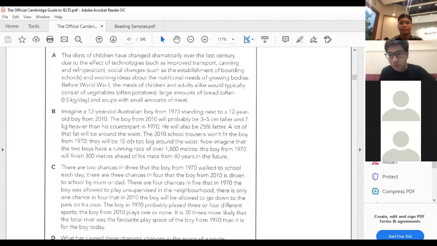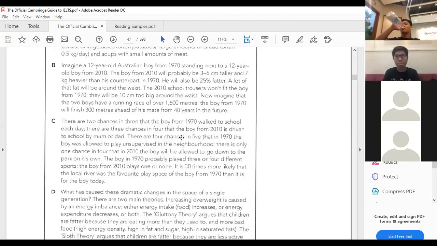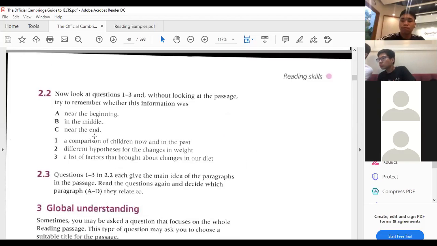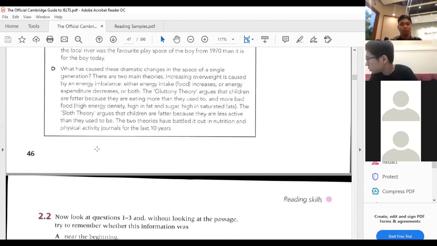Is B in the middle or near the beginning? This is the beginning. This is B. This is the last. This is the middle. Near the beginning. Yes. The first main idea is from near the beginning: comparison. Hypotheses for the change in weight. Where is it?